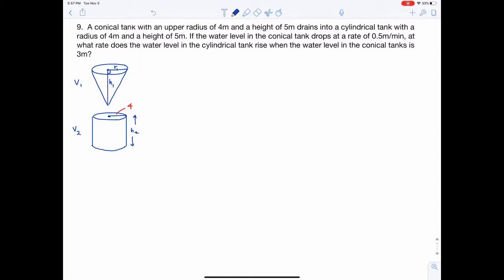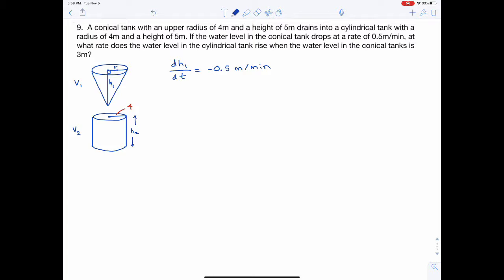So the height is dropping at a certain rate. In other words, dH/dt for the conical tank is negative 0.5 meters per minute. And it's negative because that height is decreasing.